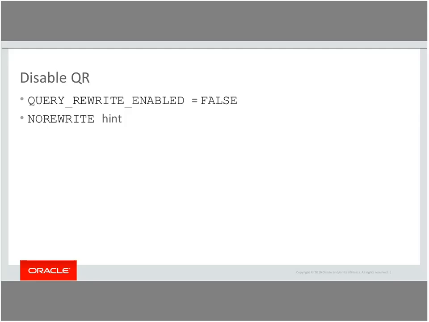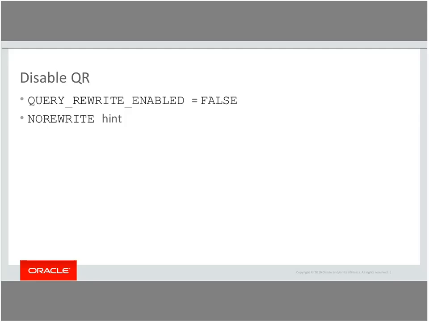The norewrite hint disables query rewrite in an SQL statement, overriding the query_rewrite_enabled parameter, and the rewrite hint, when used with a materialized view name, restricts the eligible materialized views to those named in the hint.